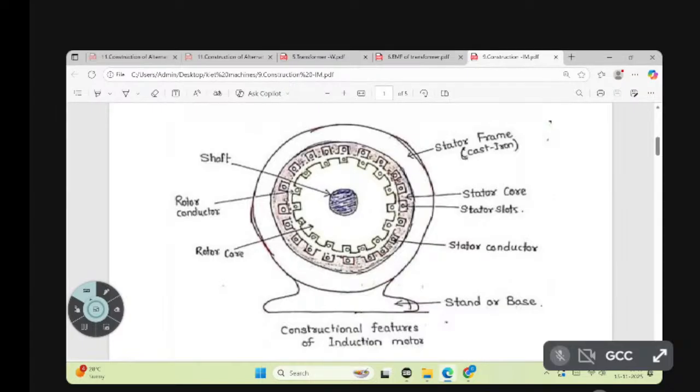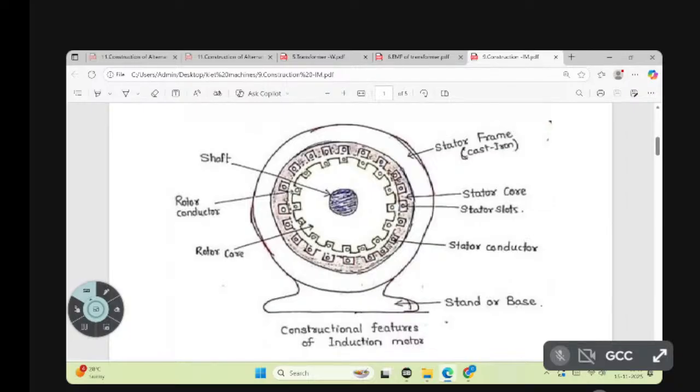AC generator, alternator, induction motor, the use of frame is the same, which will give the mechanical support to the machine. It will do the same thing in the alternator. Here also same. Two purposes. One is which will give mechanical support. Second one is which will carry the flux here.